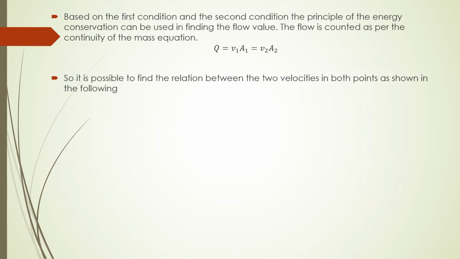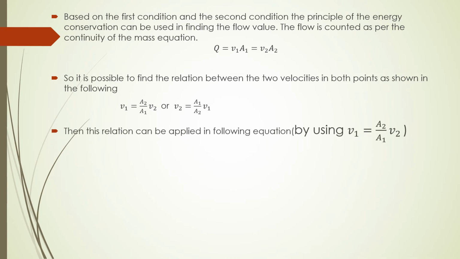So it is possible to find the relation between the two velocities at both points as shown in the following equation. Either we can say V1 equals cross-sectional area 2 divided by cross-sectional area 1 multiplied by the velocity at point 2, or if we need to find V2, it equals the cross-sectional area at point 1 divided by the cross-sectional area at point 2 multiplied by the velocity at point 1.